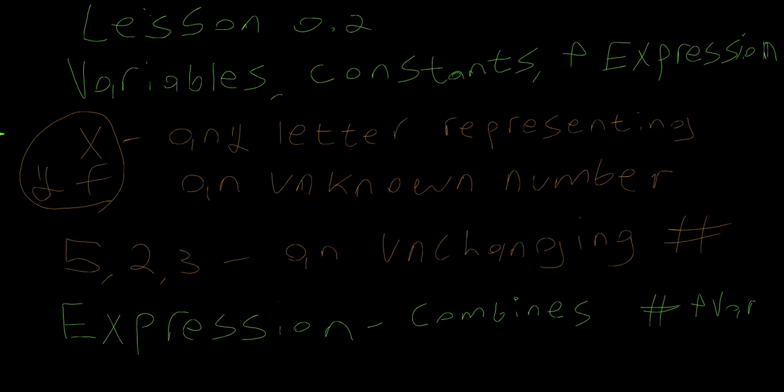For example, 3a plus 2 is an expression. All right, and circled in orange is the variable, and circled in green is constants. But that is an expression. All right, take that in. We're going to move on.